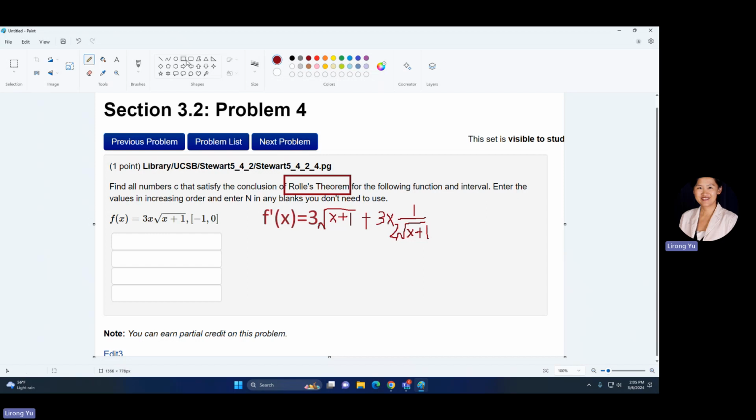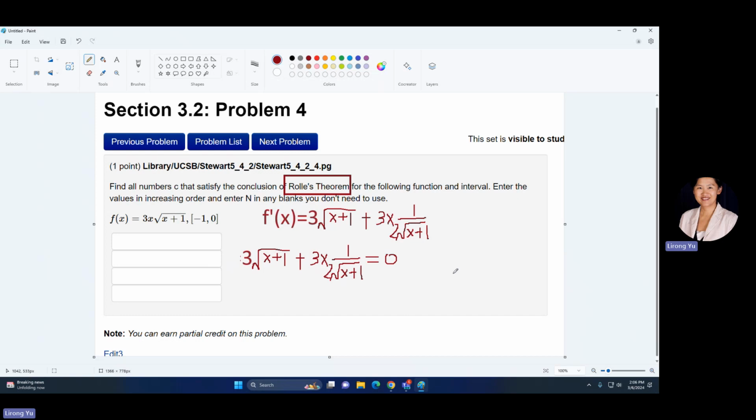So we would grab the equation, which is the derivative, and set it equal to 0. Wait, this is still two terms, a summation of separated terms.